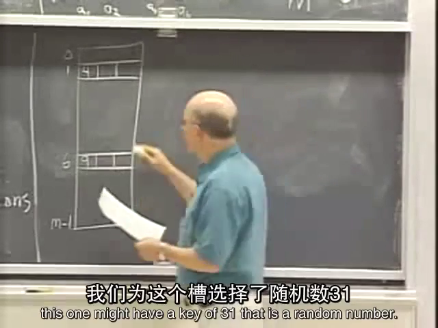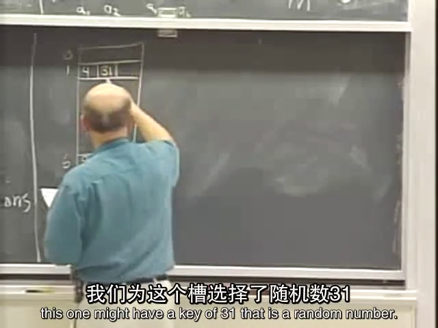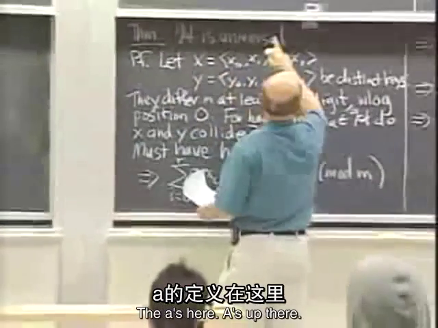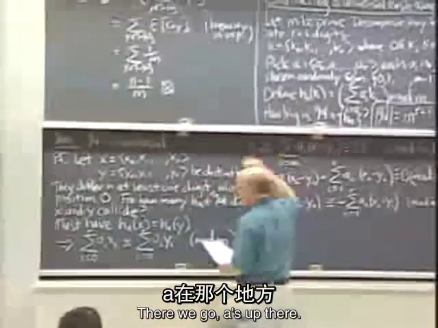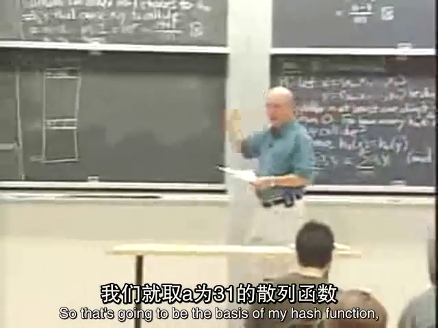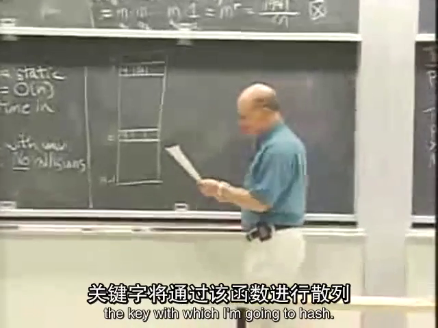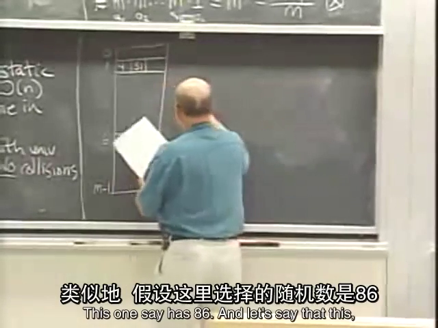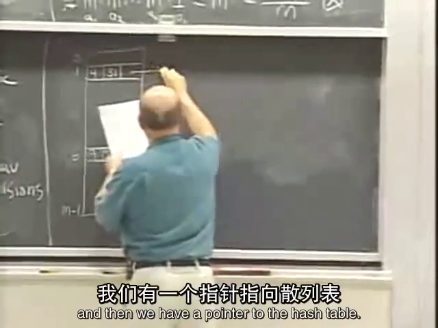So for example, this one might have a key of 31 that is a random number. The a's up there. So that's going to be the basis of my hash function, the key with which I'm going to hash. This one, say, has 86. And then we have a pointer to the hash table.